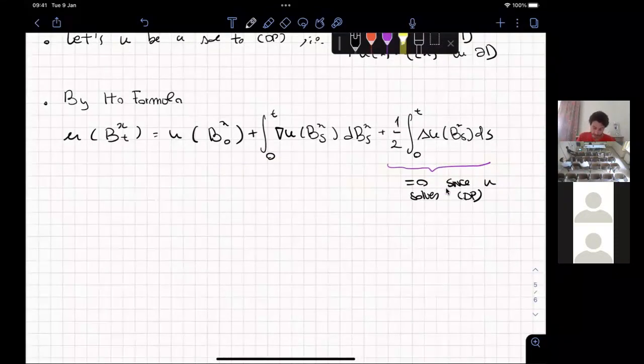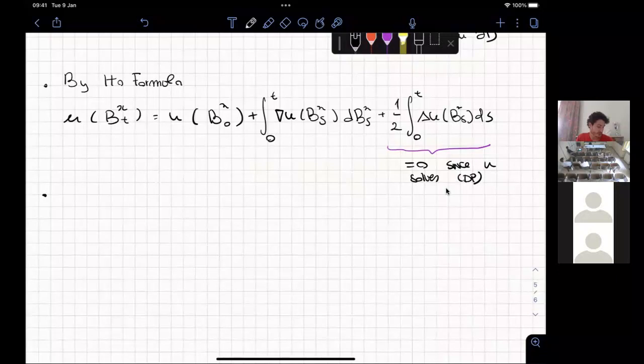Now, the second thing we can do, and here I'm cheating a lot, but let's just do it to convince you, is to take the expected value and to consider t equal to tau_D^x, the hitting time of the boundary. So take t equal to tau_D^x, the first moment such that our Brownian motion starting from x hits the boundary of D, and then take the expected value of everything.